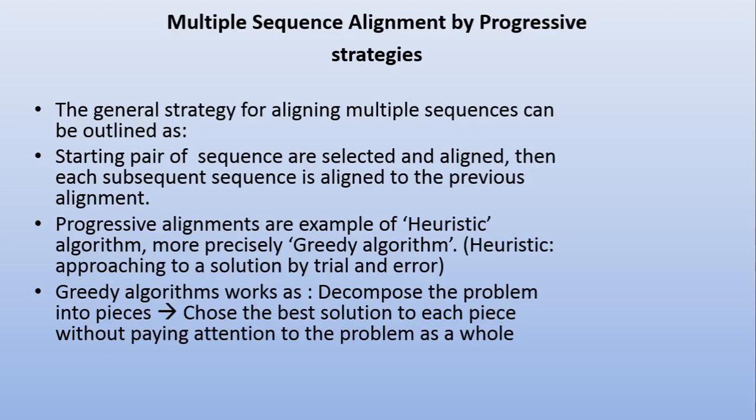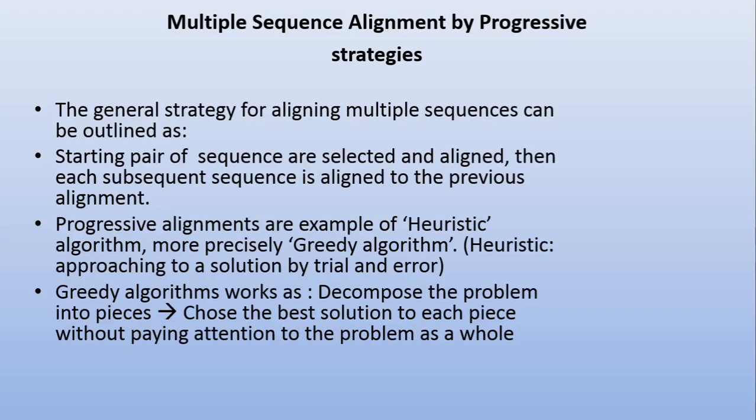Theoretically it is possible to extend the concept of dynamic programming to include more than two sequences in your alignment. But although it is theoretically possible, practically it would take a lot of time as well as computational resources.